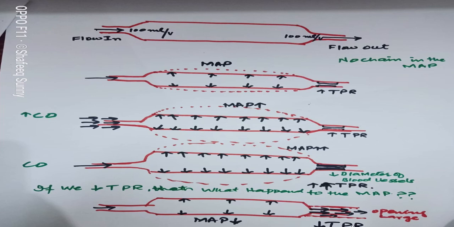Total peripheral resistance is decreased, so mean arterial pressure will be decreased, because due to the large opening, the total peripheral resistance is decreased. Now what happens in the next scenario?